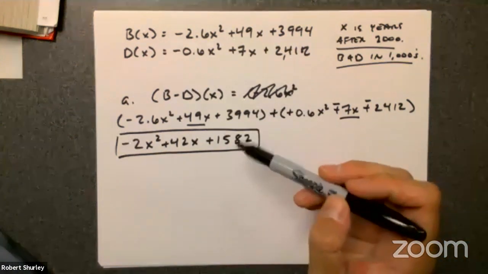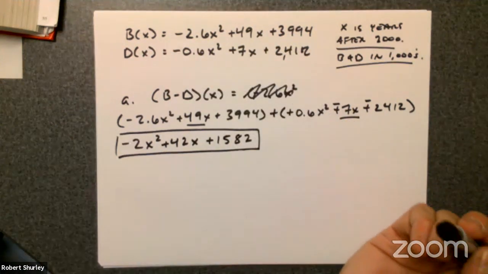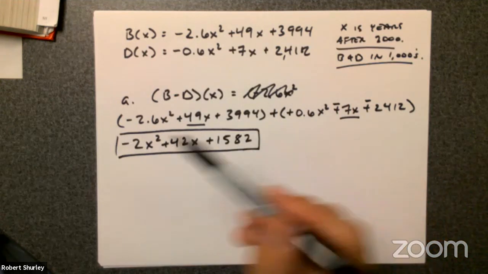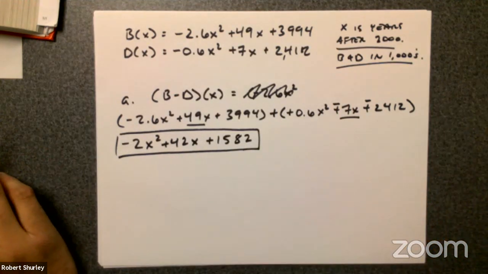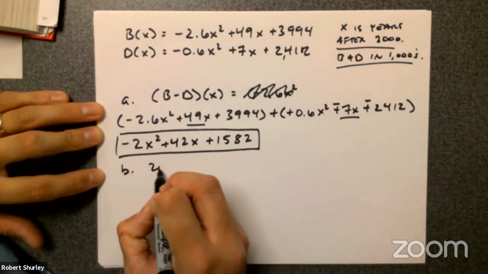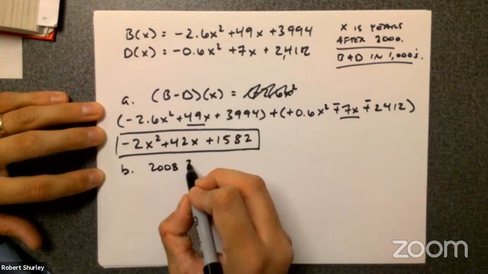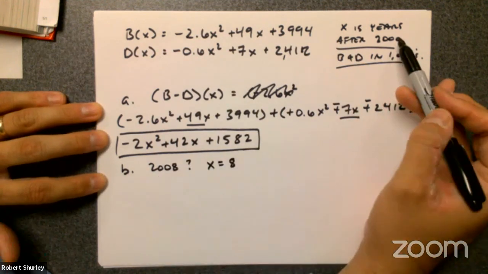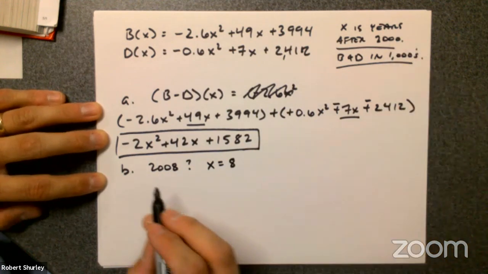So this would be my equation for the change in population each year. It's just the births minus the deaths, and that gives us the change in population. Part B says use the function from part A to find the change in U.S. population in 2008. We know x equals 8 because it's years after 2000.